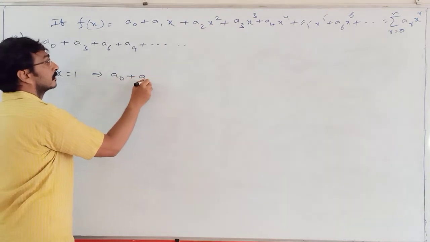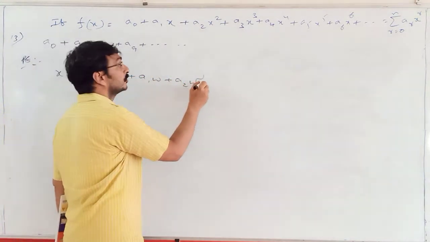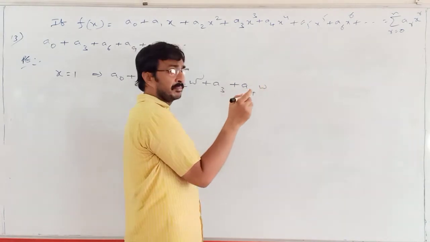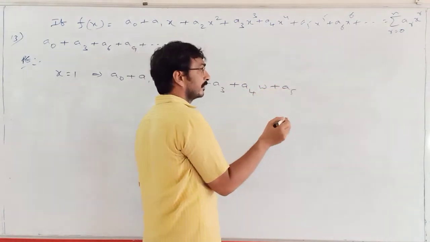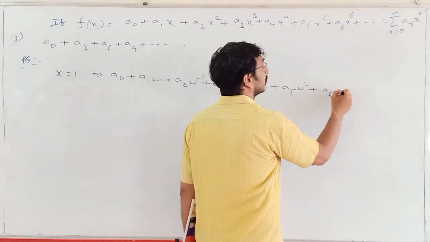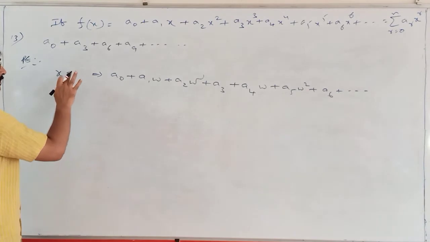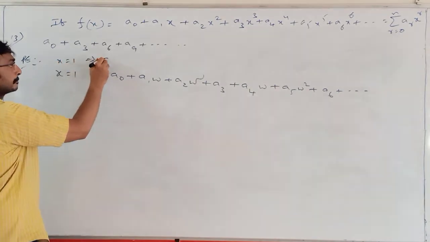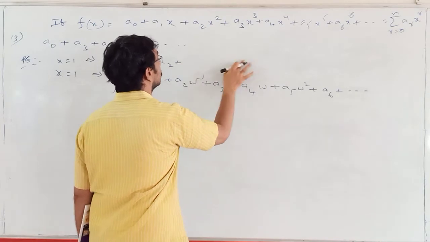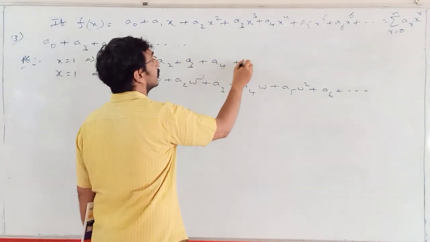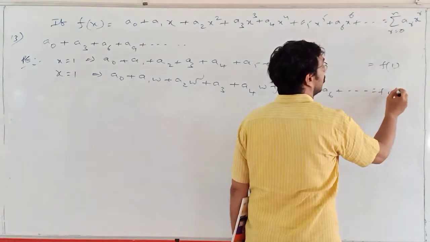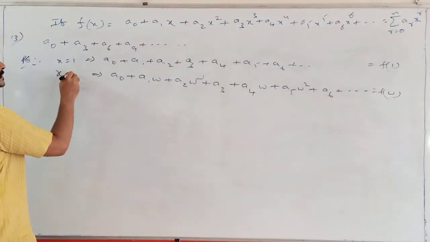Sorry, put x equal to 1: a0 plus a1 plus a2 plus a3 plus a4 plus a5 plus a6 and so on equals f of 1. Next, put x equal to omega on both sides: a0 plus a1 omega plus a2 omega square plus a3 omega cube, value 1, a4 omega power 4, value omega, a5 omega power 5, value omega square, a6 omega power 6, value again 1, and so on, equals f of omega.